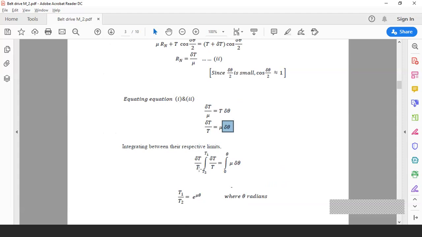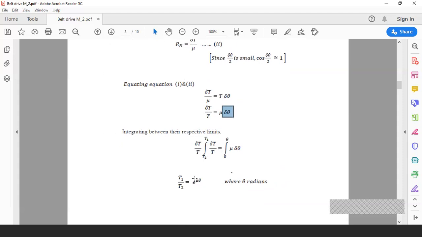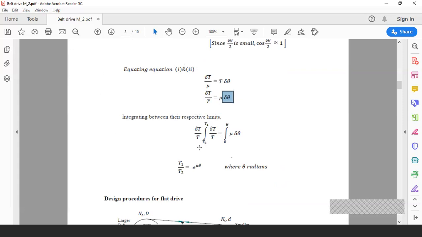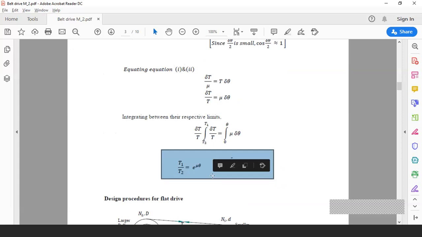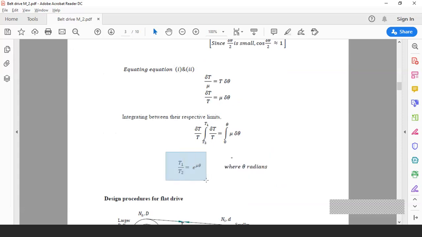So delta T divided by T is written as log of T1 by T2, which is equal to mu into theta. If you take the anti-log, you will get T1 by T2 is equal to e raised to mu into theta, where theta is in radians. This equation is called the equation of driving tension ratio.